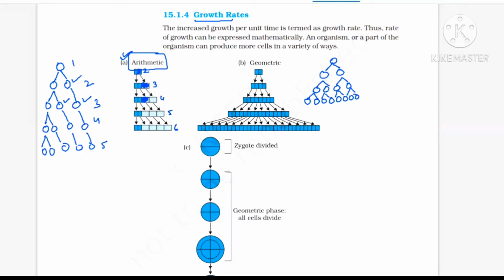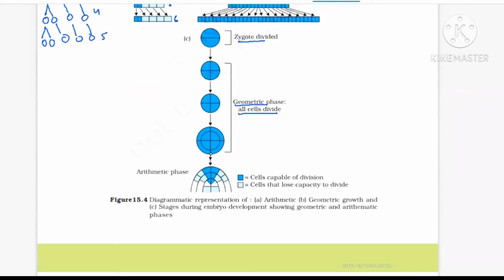Now try to understand the diagram very carefully. If you see this zygote, if you check this color, each and every cell is dividing, it means it is in the geometric phase. Geometric phase means when all cells divide. Is it clear? Now, slowly see one thing carefully. If you have studied in the plant anatomy chapter, shoot apex or root apex, that apical cell, the apex area, only has the power of geometric division.